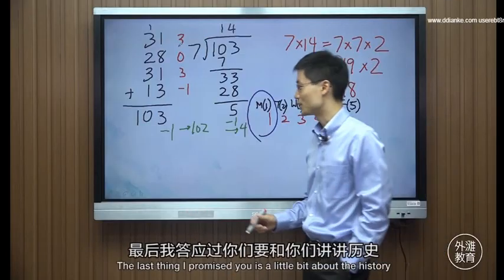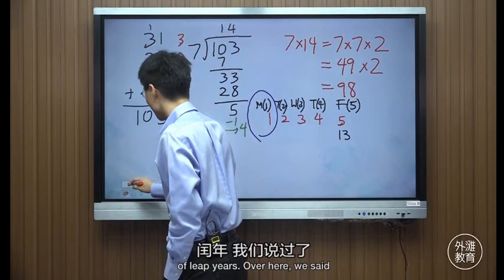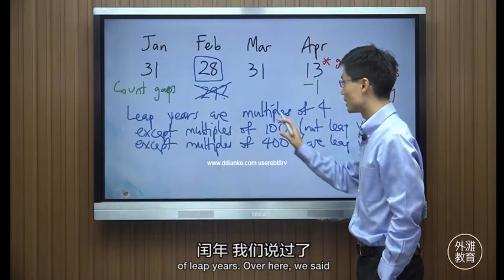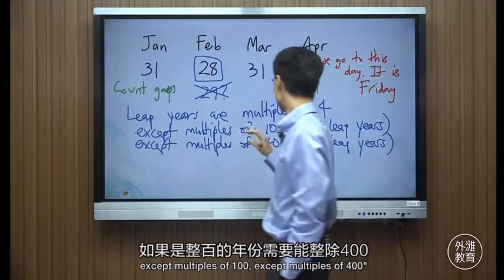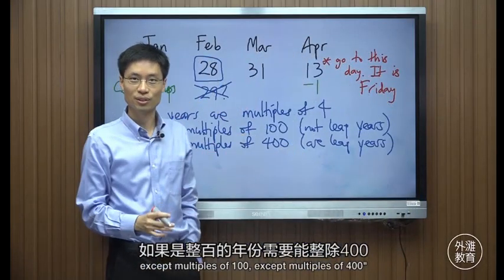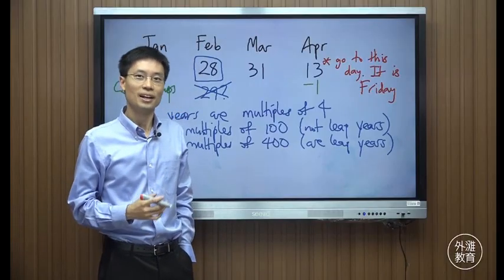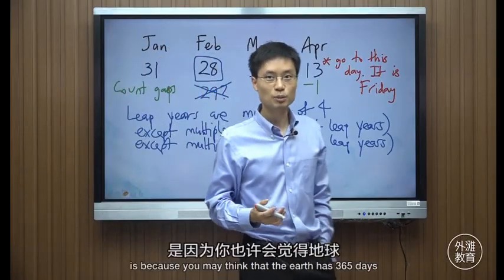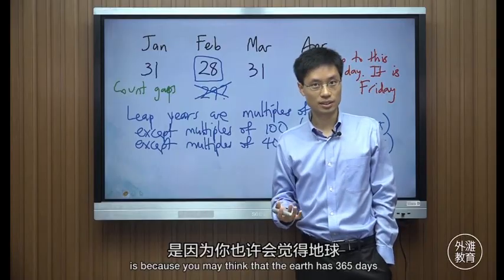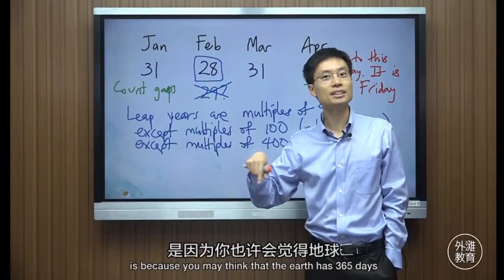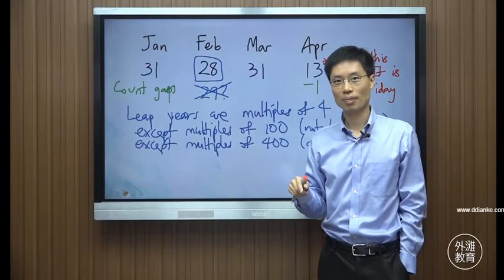The last thing I promised you is a little bit about the history of leap years. Over here, we had said leap years are multiples of 4 except multiples of 100 except multiples of 400. Why is that true? The reason is that you may think that Earth has 365 days to go around the sun.